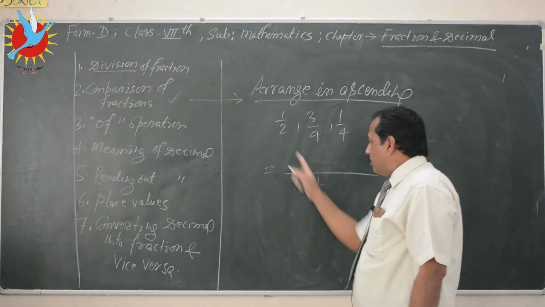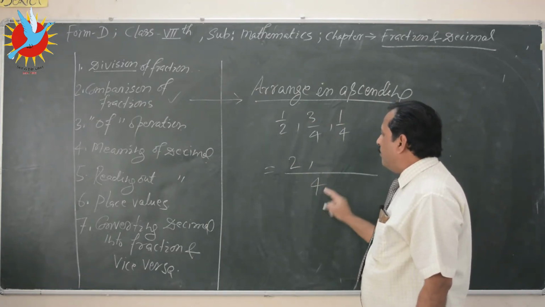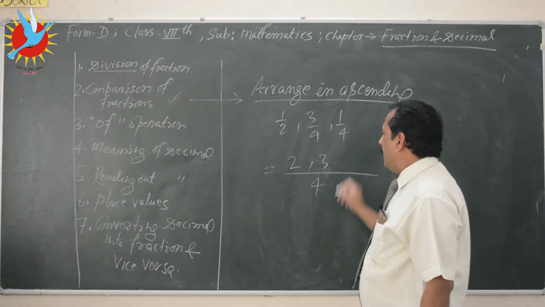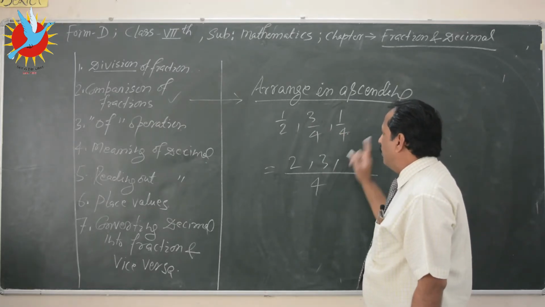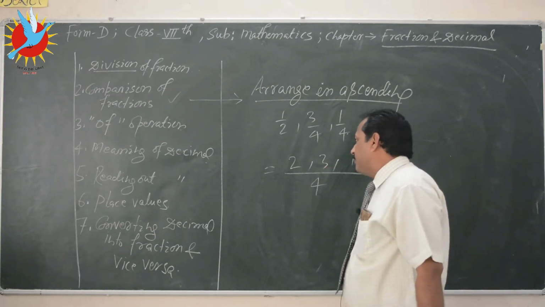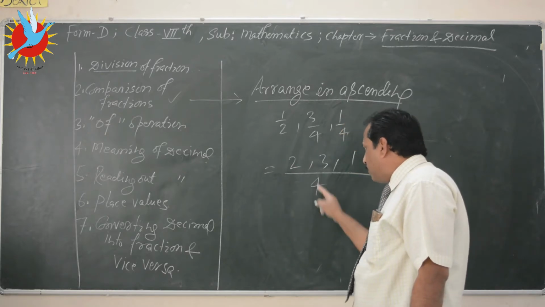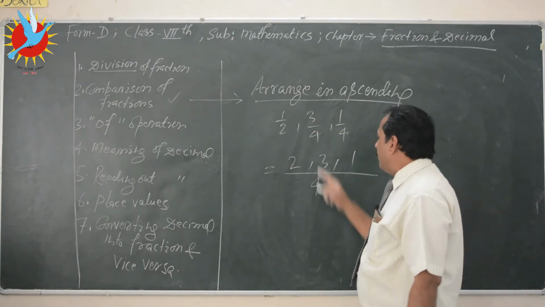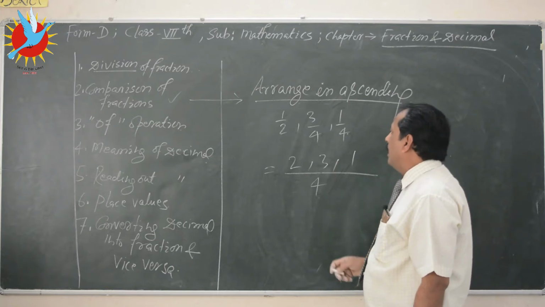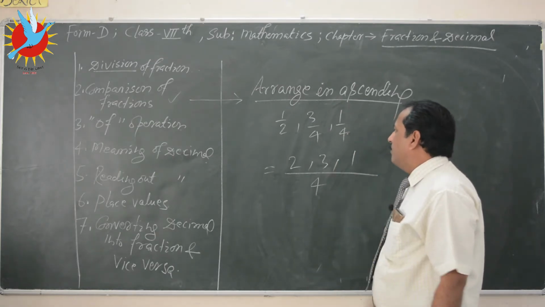Do it like addition. 2 twos are 4, 2 ones are 2. 4 ones are 4, 1 times 3 is 3, and then 4 ones are 4, 1 times 1 is 1. So 2, 3 and 1. See, this 1 by 2 is equivalent to 2 by 4. This 3 by 4 is 3 by 4. And this 1 by 4 is 1 by 4.